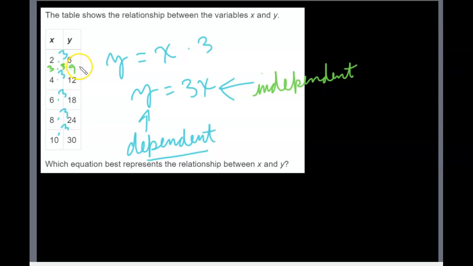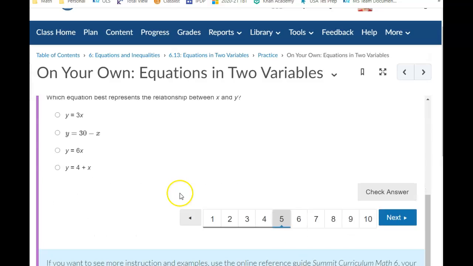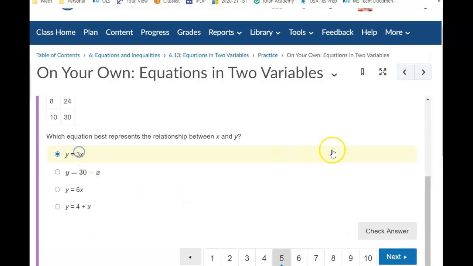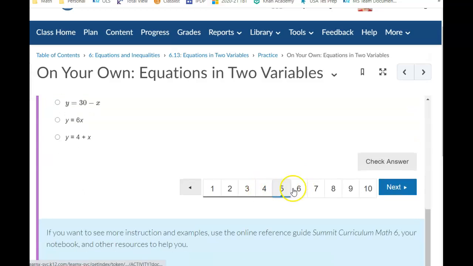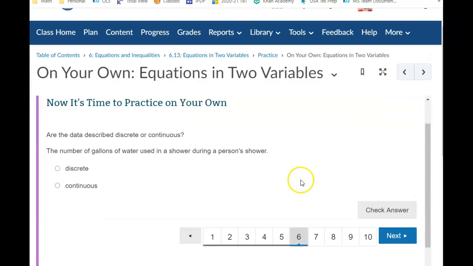The y values are going up by 6, it looks like. 6, 12, 18, 24, plus 6, plus 6, plus 6. But how we're getting from x to y, we're multiplying whatever x is times 3. So it's going to be y is equal to 3x. And the rest is garbage. Okay, check answer. Yeah, looks good to me.